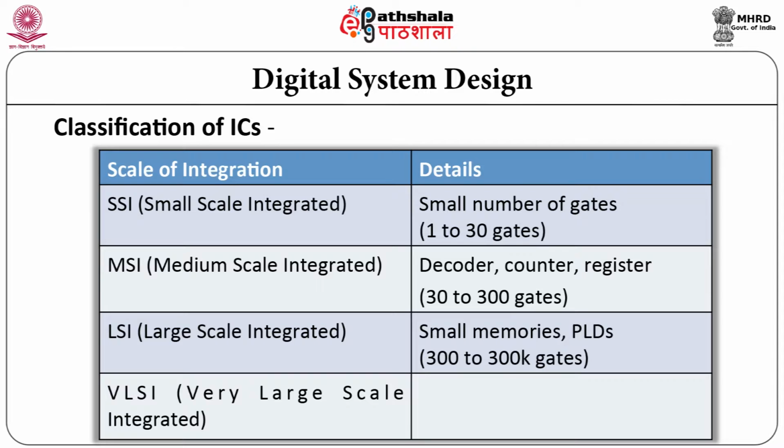The examples of LSIs are small memories like RAM, ROM and programmable logic devices. VLSI is very large scale integration where the number of logic gates are around or greater than 1 million transistors. The examples of VLSIs are microprocessors, microcontrollers, memories, etc.